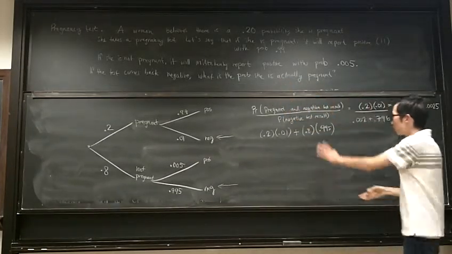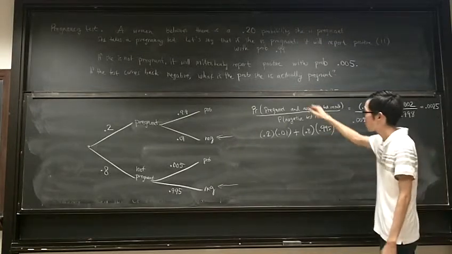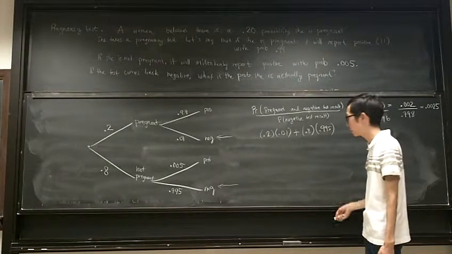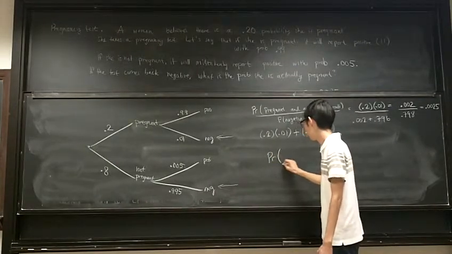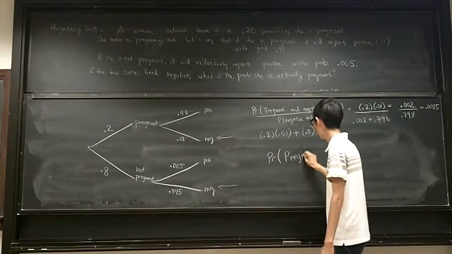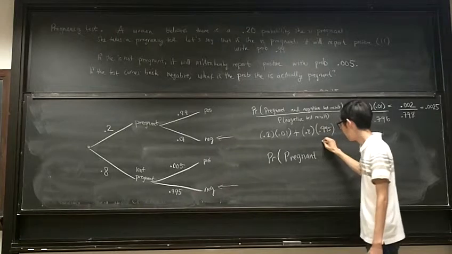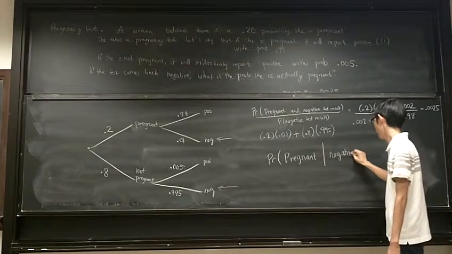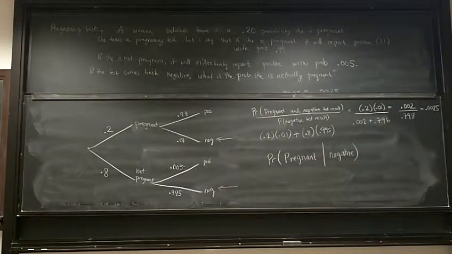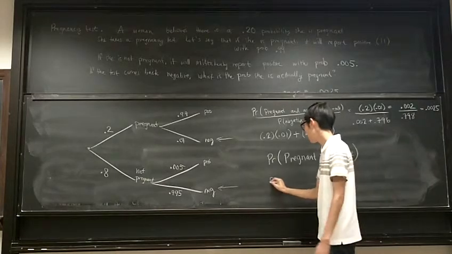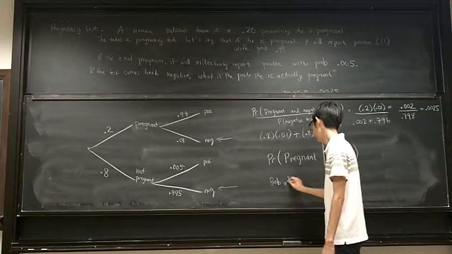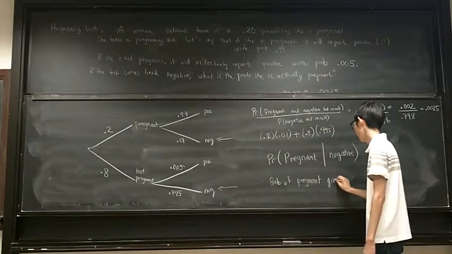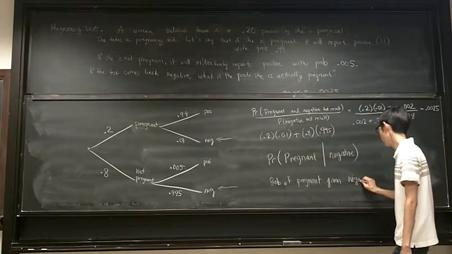Okay, so what's the probability, if the test comes back negative, that she's actually pregnant? This can be rewritten as probability of pregnant, and I'm going to put a vertical bar, saying negative. This is read as probability of pregnant given negative.